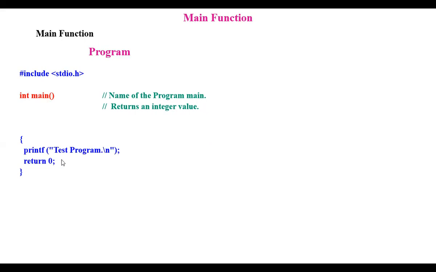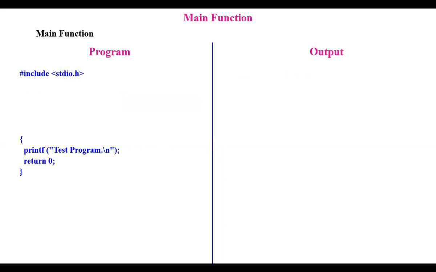The remaining program is the same. This is a test program, and once it is executed, you get the same output. I am talking about the main program. Suppose in this place I have removed that int. Nothing changes.